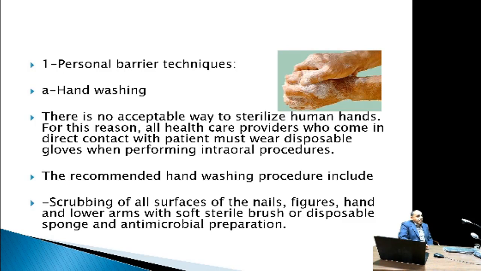The recommended hand washing procedure includes scrubbing of all surfaces of the nails, fingers, hands, and lower arm with a soft sterilized brush or disposable sponge with the antimicrobial preparation. So, cleaning all the nails, fingers, hands, and lower arm.